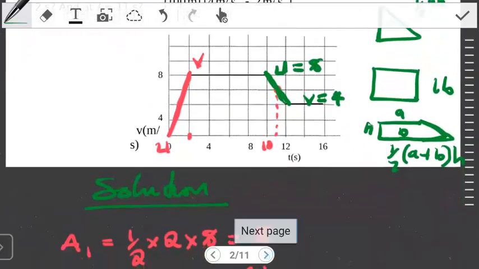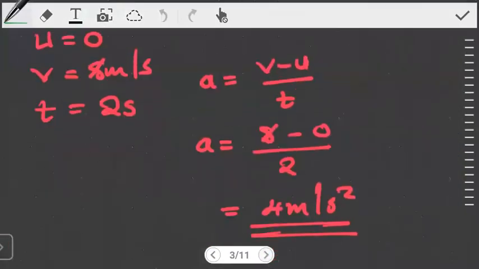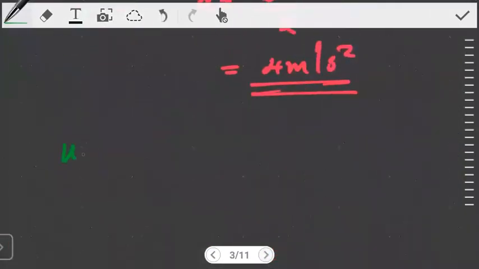So with that in mind, let's see how it comes out. The initial u is equal to 8 meters per second. Final is 4 meters per second. The change in time, final time 12, initial time 10, so the change in time is 2 seconds.